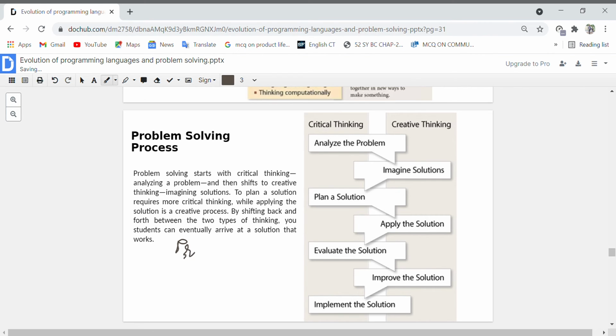First, problem, then it leads to critical thinking, then analyzing the problem, then creative thinking. Then at last you imagine the solution.